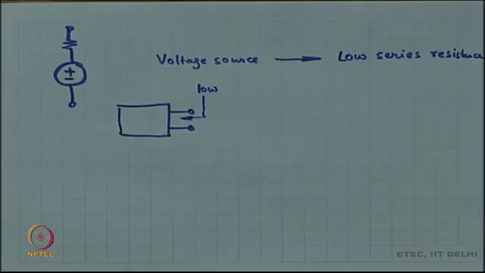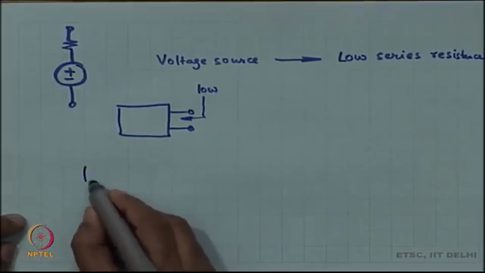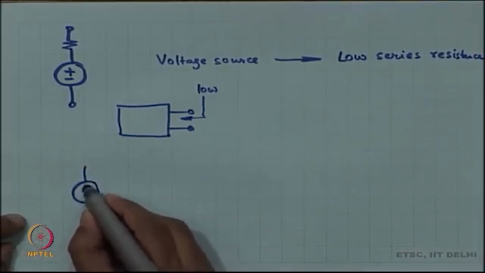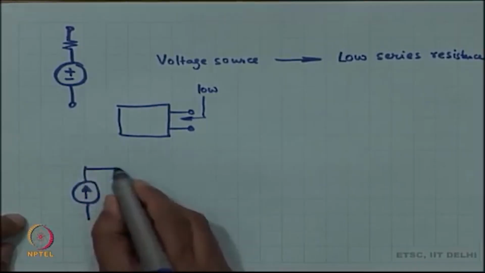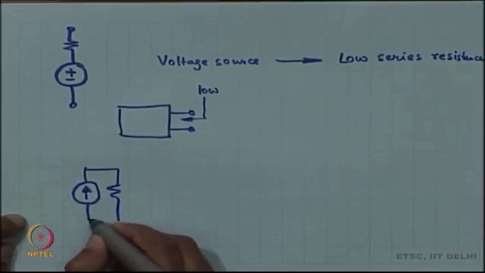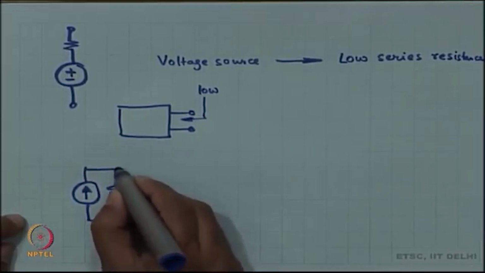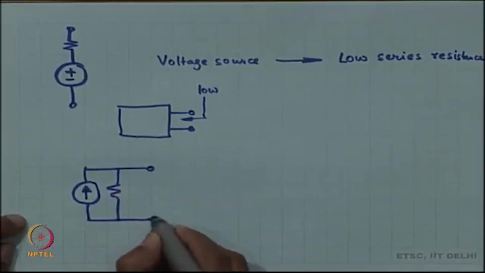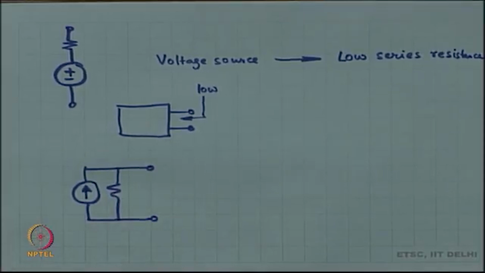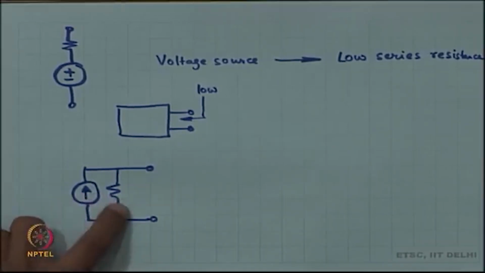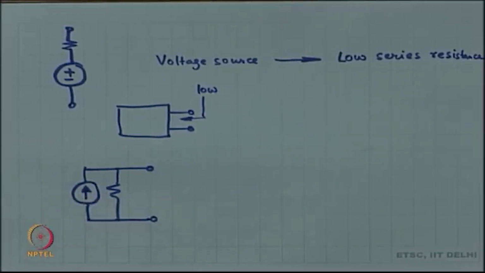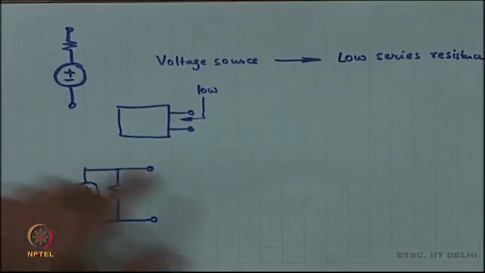All right. Next, a current source. Suppose you try to make a current source, you will never really make an ideal current source, you will always end up with some resistance in parallel with it. Okay. Now, this is not in series, this is in parallel.